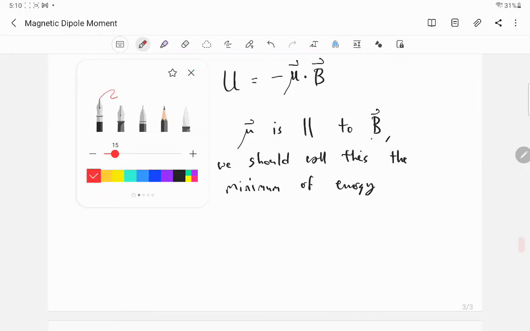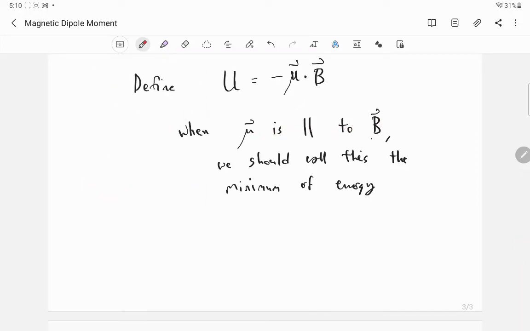Because when mu is parallel to B, that means that the B field and the mu vector are in alignment, right? That's the minimum of energy. This is the equilibrium. You get more and more energy if you rotate the mu vector to point at an angle with respect to the background magnetic field, right?